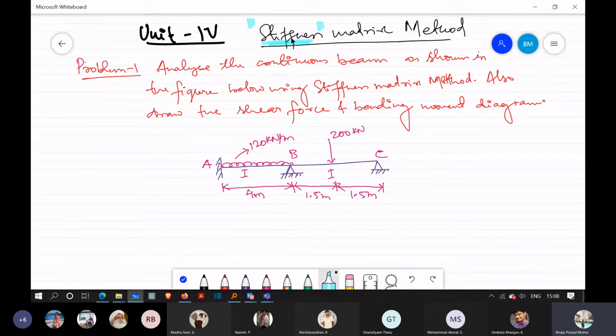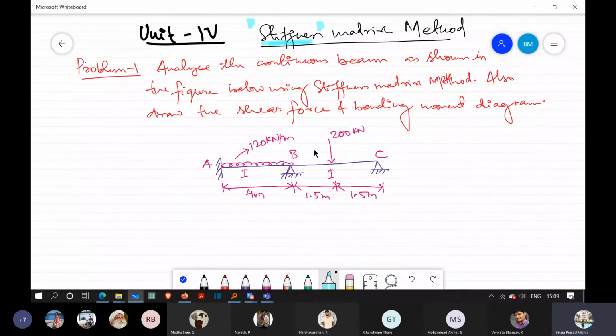We learned it in the starting class. How do we find the degrees of freedom, or determine the degree of kinematic indeterminacy of a structure? The same procedure we will follow here.